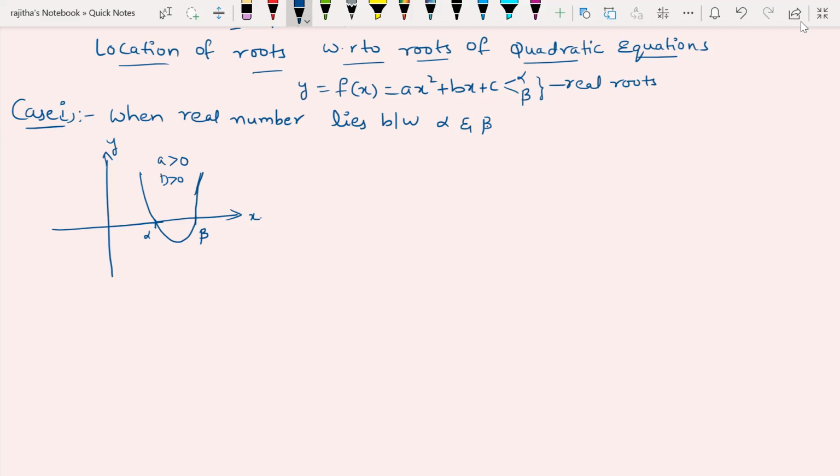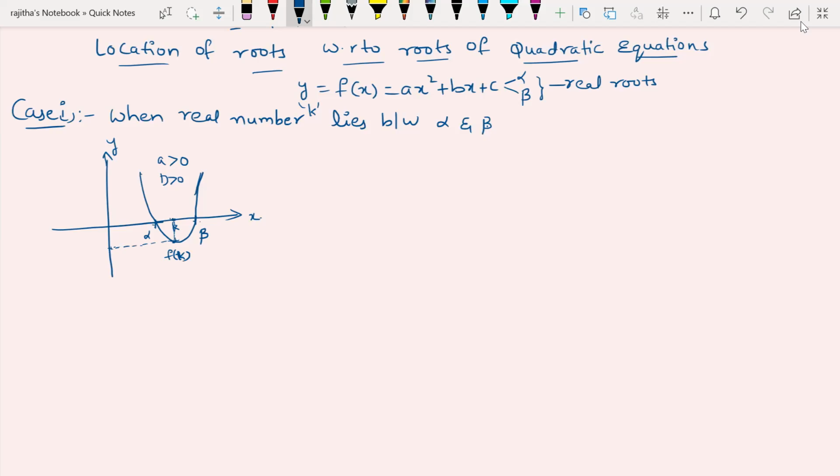So for a real number k that lies between alpha and beta, the real number should be here, k. The point on the y-axis here is f of k.